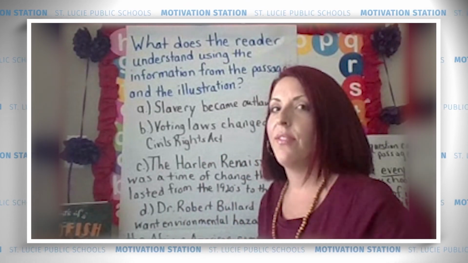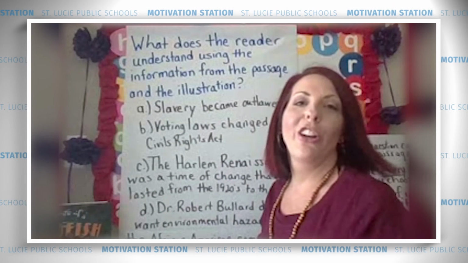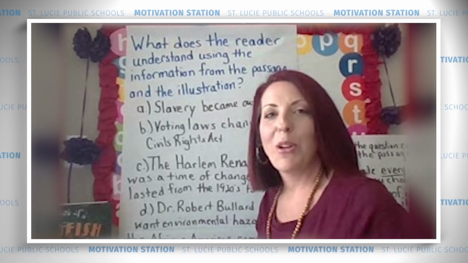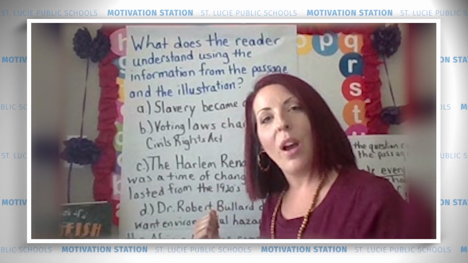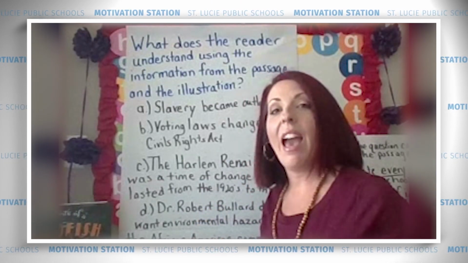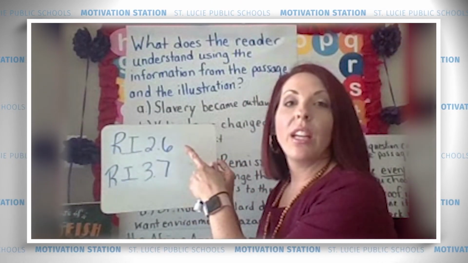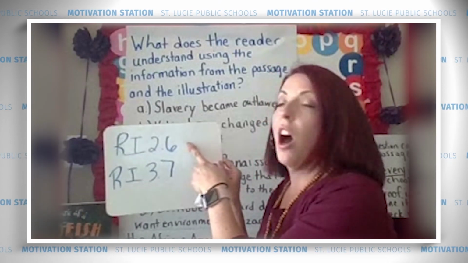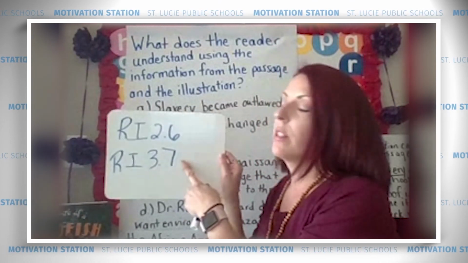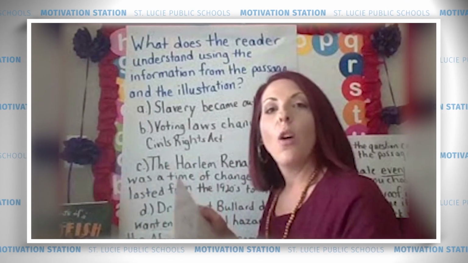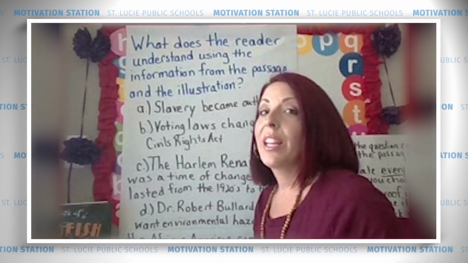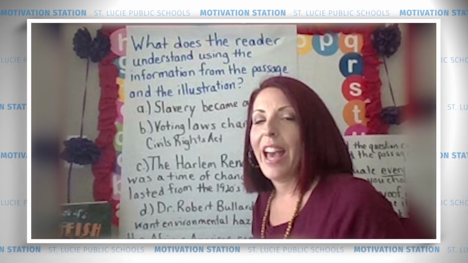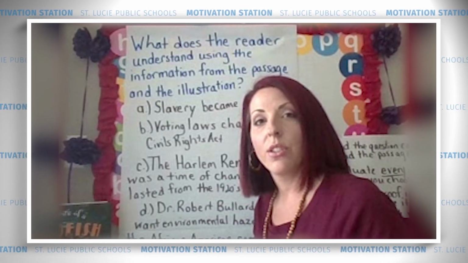Now, I have a very long question. It seems like a lot, but it's just because it's on chart paper. But we're going to work through this question together, and you're going to see how it helps when we look at standards and we look at what the author's writing about as well as the illustrations to help us understand and answer the questions.